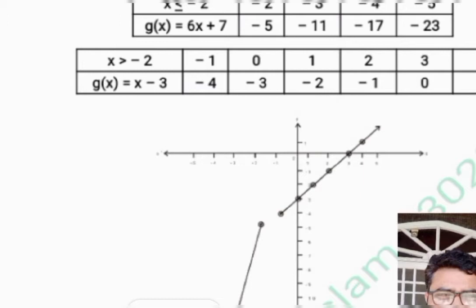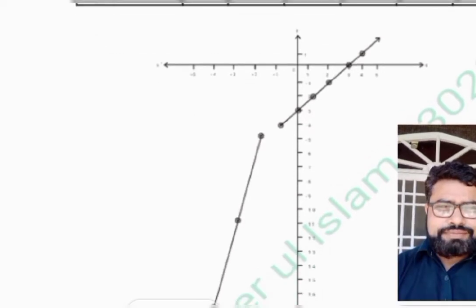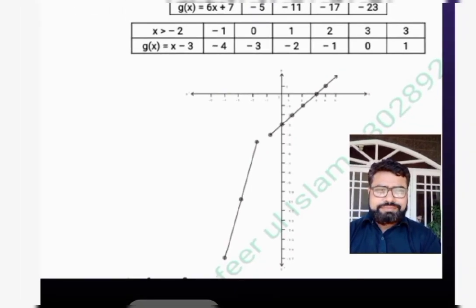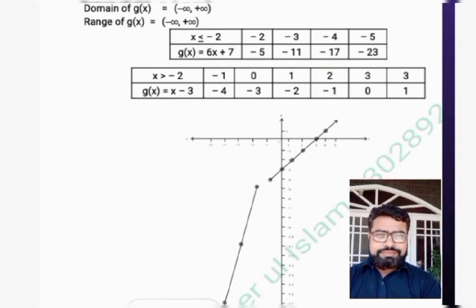As I've told you earlier, if you have a linear function, meaning the power of x is 1, you can put two values, it's enough. But if you put more values, you will get a better answer.